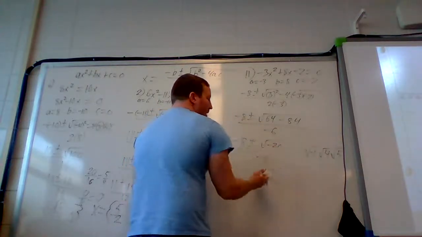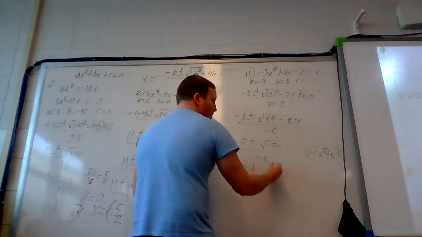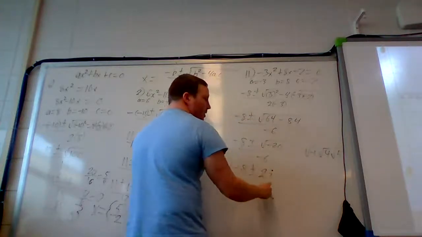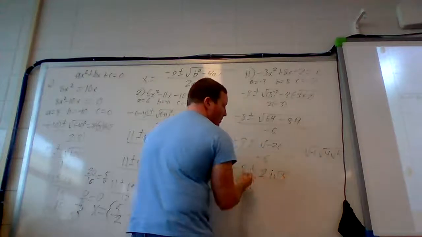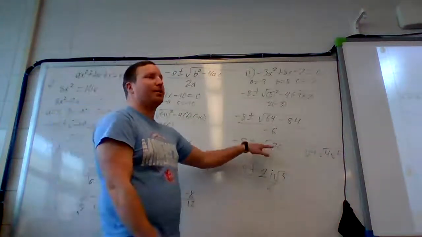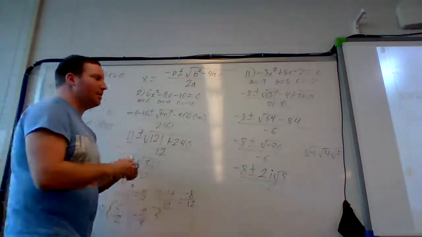The square root of a negative 1 is i. The square root of 4 is 2, and the square root of 5 is just the square root of 5. The i means it's an imaginary solution, a non-real solution.